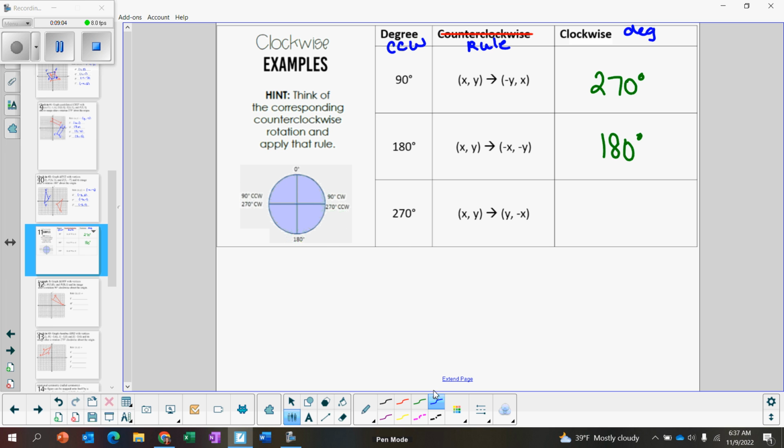And if I wanted to go 270 counterclockwise, that would be the same as just 90 degrees clockwise. So notice, because a circle adds to 360, each of our equivalent rotations also adds to 360. So 90s with 270, 180s with 180, and 270s with 90.